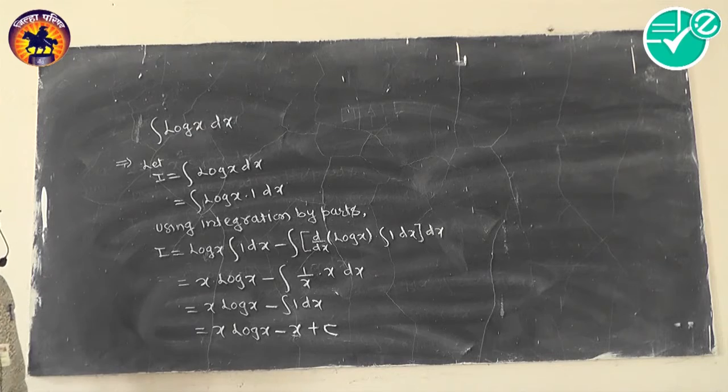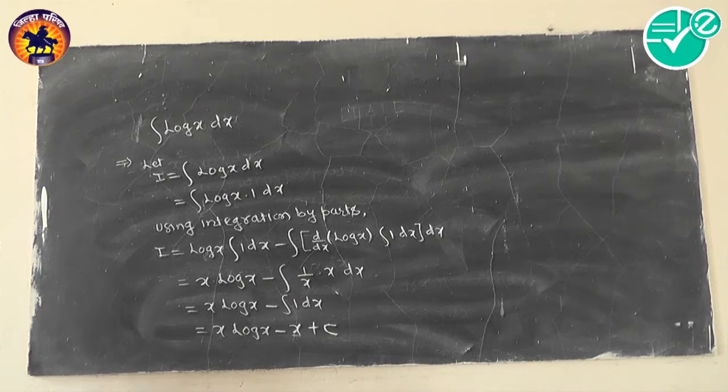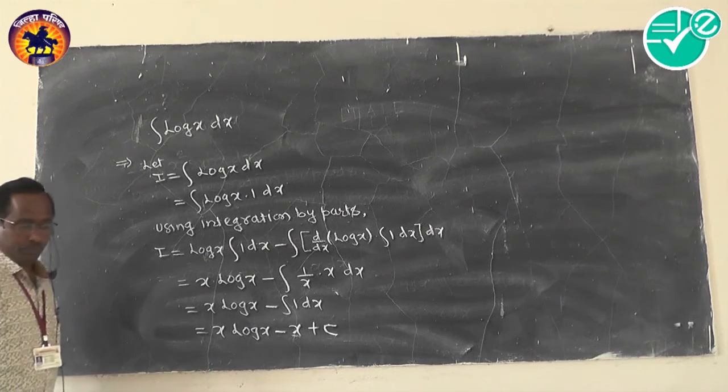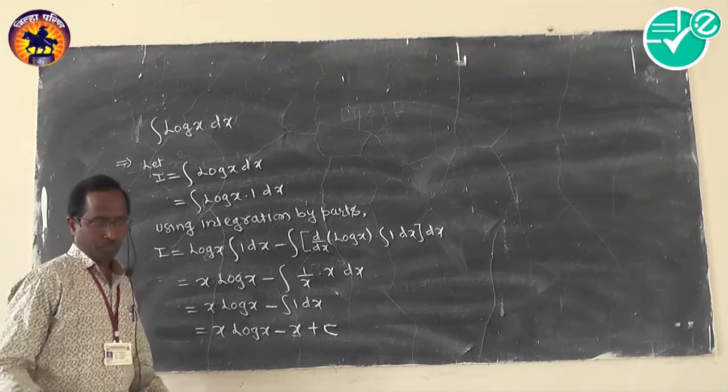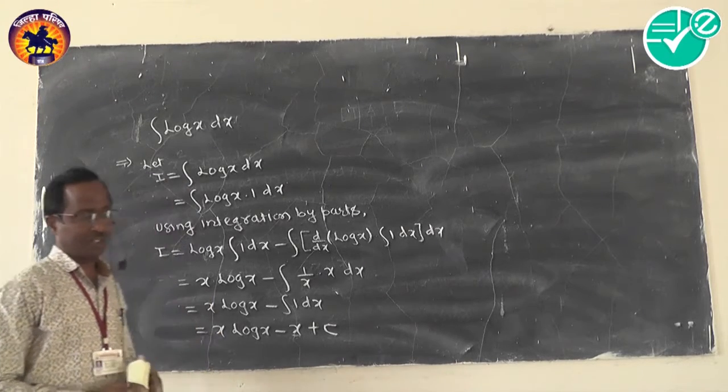So this is the integration of this function. Integral of log x dx is x into log x minus x plus c. We are going to take the next example.